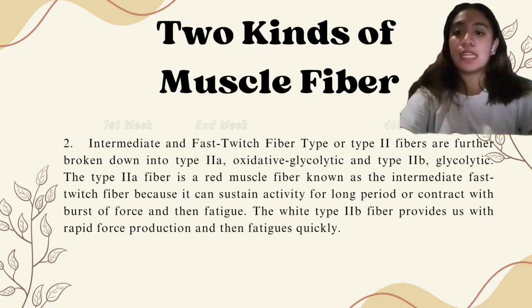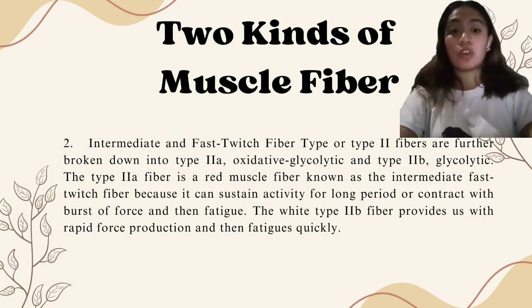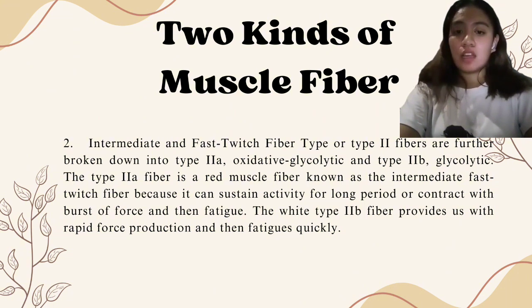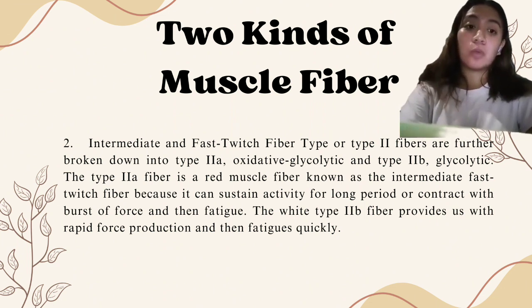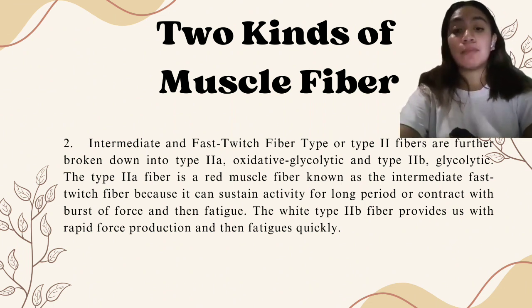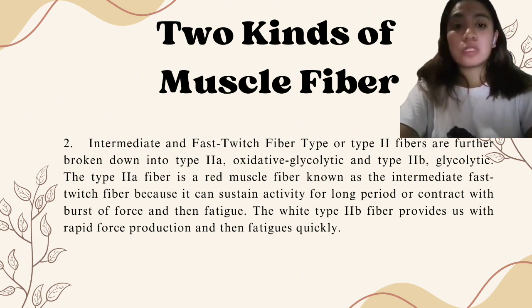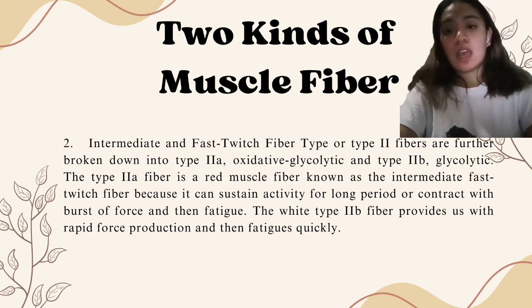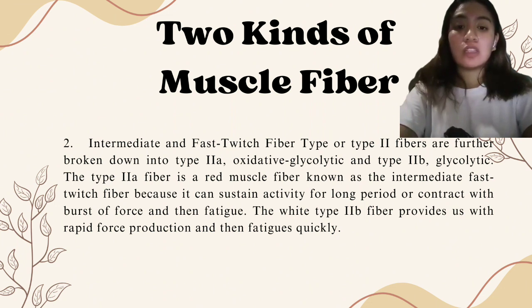Number two, intermediate and fast twitch fiber types. Fast twitch or type 2 fibers are further broken down into type 2A, oxidative glycolytic, and type 2B, or glycolytic.